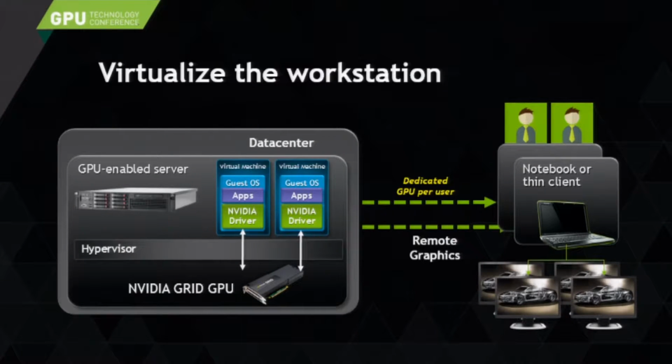The key challenge to this approach is that you need to have one GPU for one user, or one virtual machine. And so initially, NVIDIA created the Grid cards, which enabled one card to hold multiple GPUs to serve multiple users.